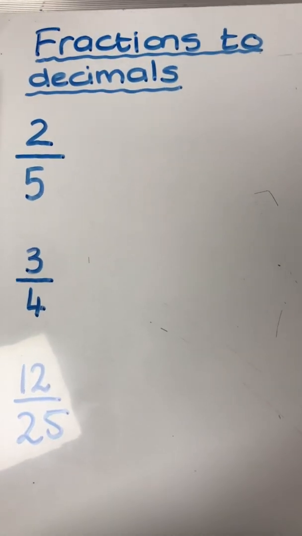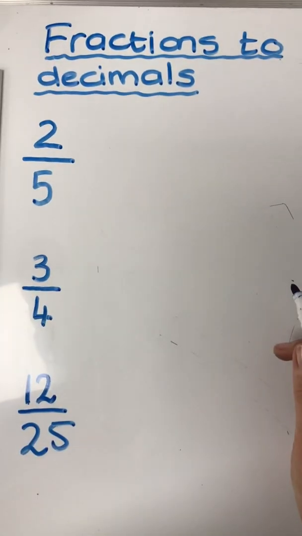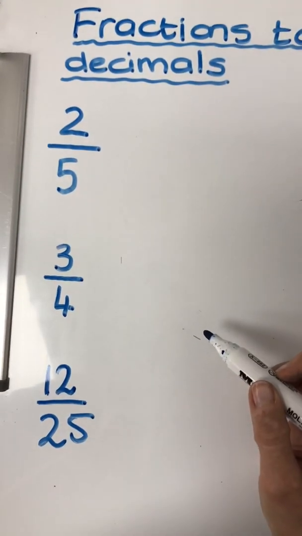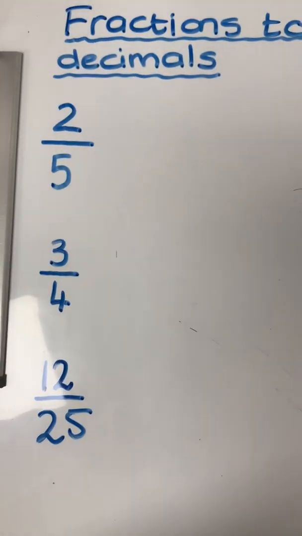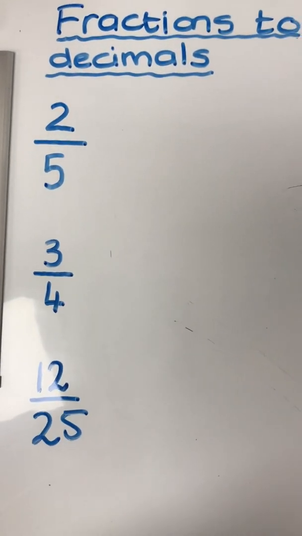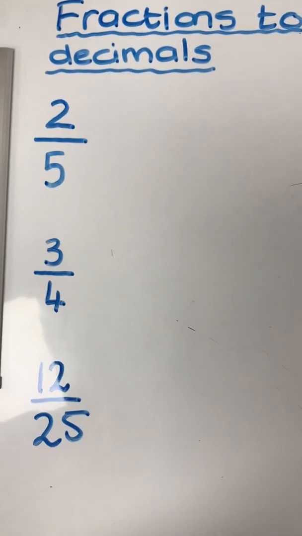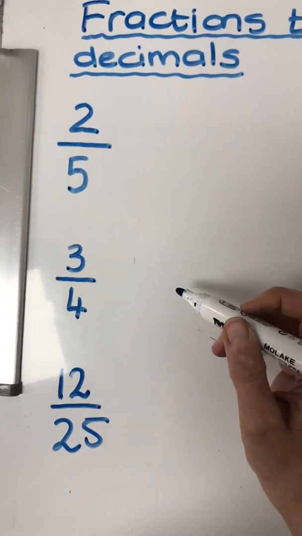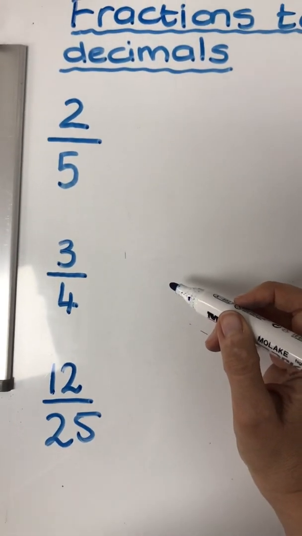In this video we're going to see how we convert fractions to decimals if the fractions all have a denominator that is a factor of either 10, 100, 1,000, 10,000 or any of those multiples of 10. So we look at 2/5 and it's clear that we can definitely convert that to tenths.